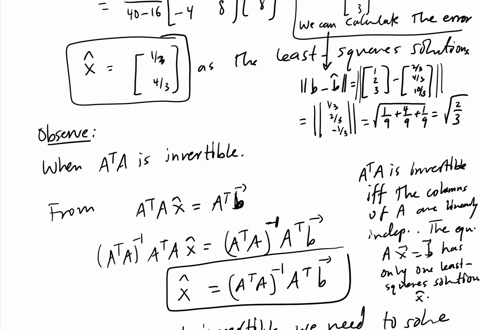And that solution is given by this equation. And just in general, when a least squares solution x hat is used to produce, let's say, A x hat as an approximation to vector b, then the distance from vector b to A x hat is called the least squares error of this approximation.